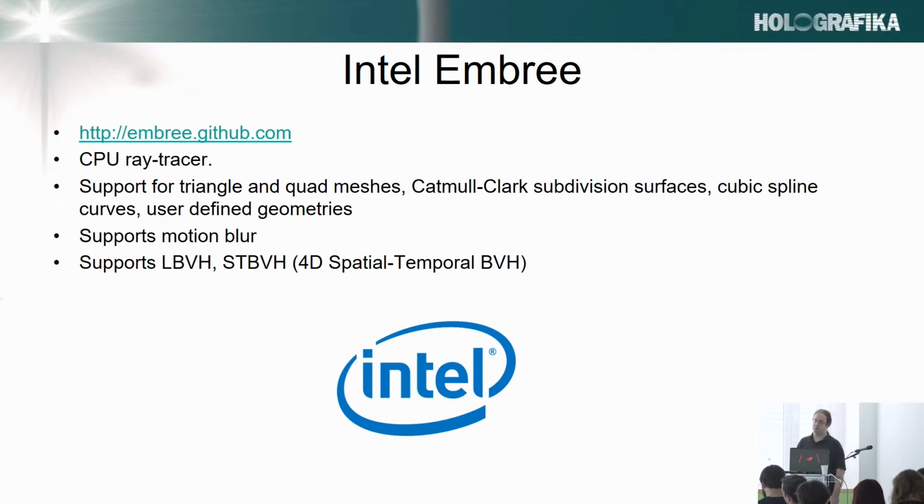It supports motion blur, so that's why it has a different acceleration structure, the STBVH, which is a spatial temporal BVH, so it also takes into account the animation, like how the mesh would actually move from one frame to the next when it generates the acceleration structure.